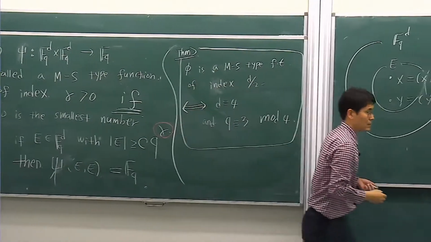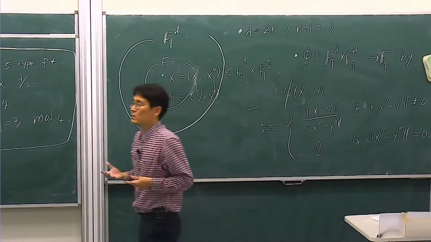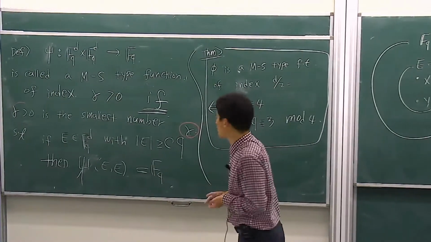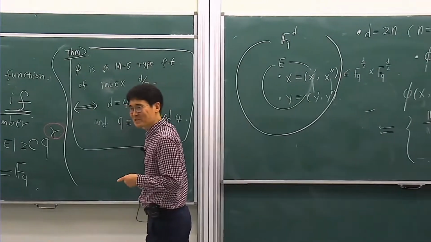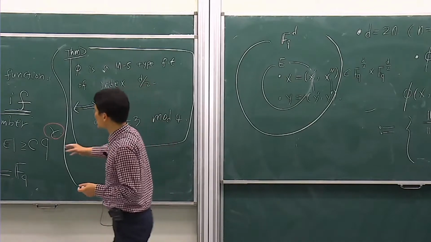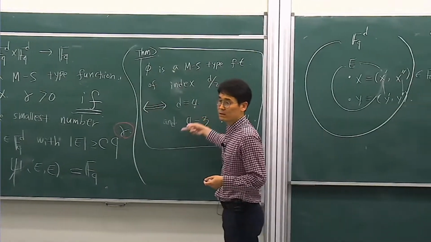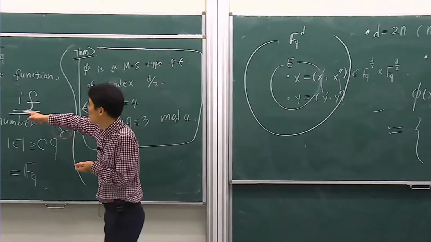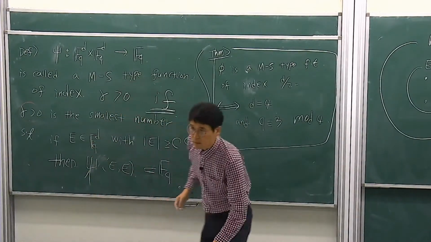Why? Without this function the conjecture is wrong, except for some specific dimension, like dimension 4. We only get d over 2 here for this pi function. In other cases we get weaker gamma, which is sharp.